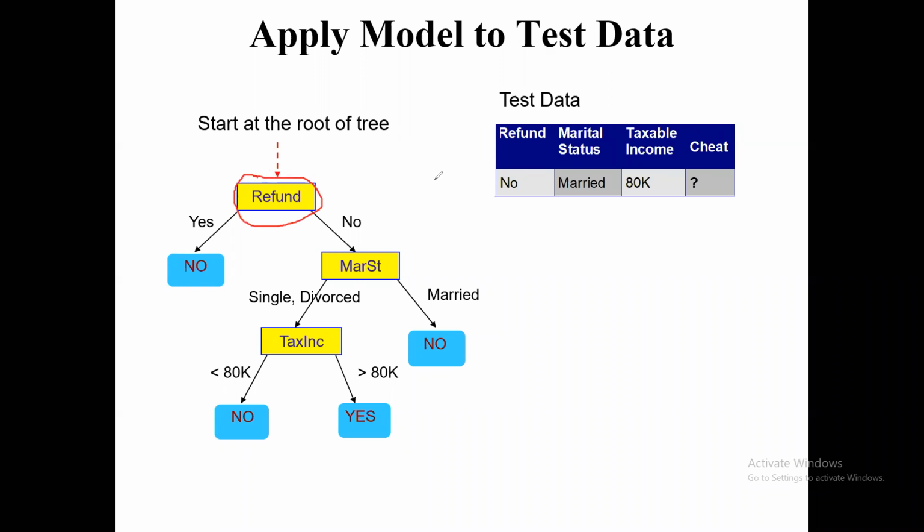For example, the objective is to determine if a person will cheat or not. Okay? So the learning algorithm looks at the root of the tree and performs a test. Right? We can see in the test data that the refund value is no. So the learning algorithm goes to the right branch.